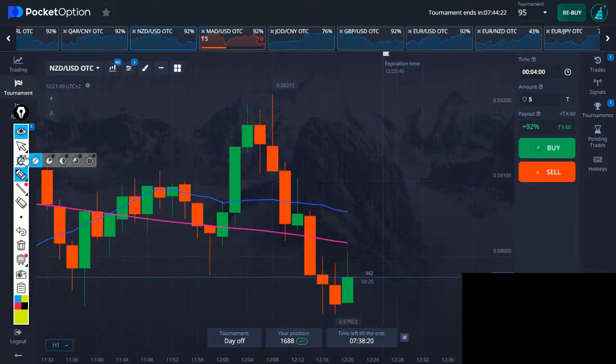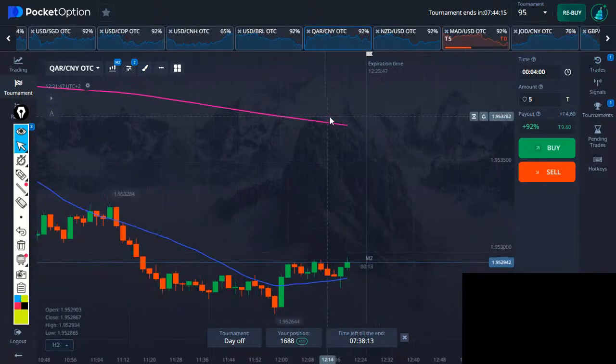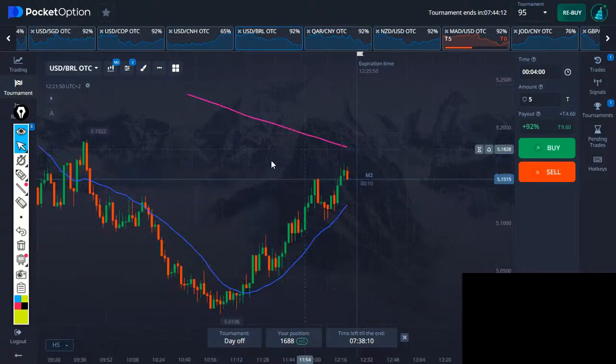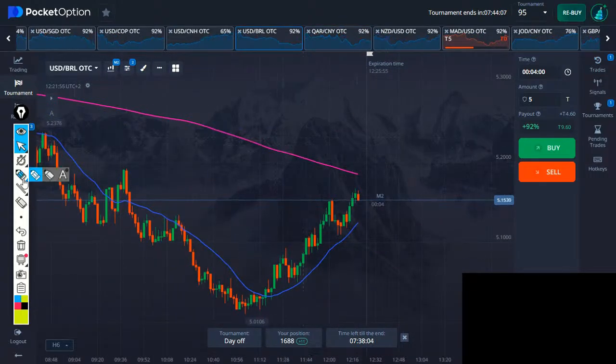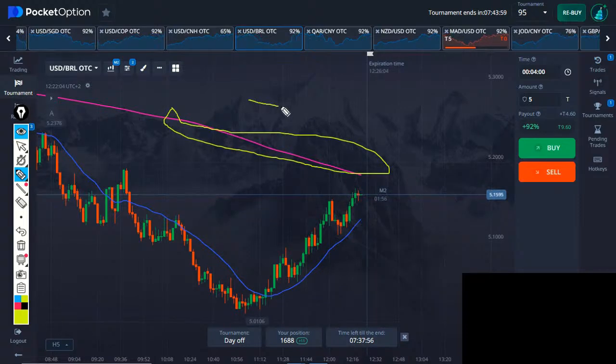Let's find a different setup. White state, stay away. Also, this isn't ideal. Another tip, try to trade only with pairs where the 200 SMA is a bit flat.